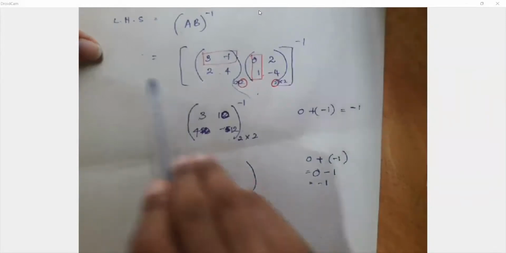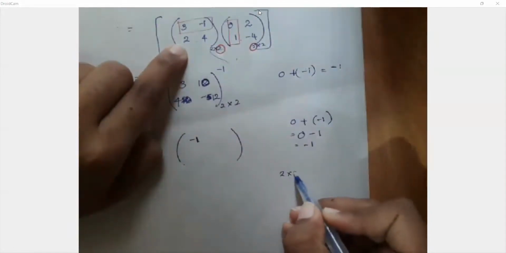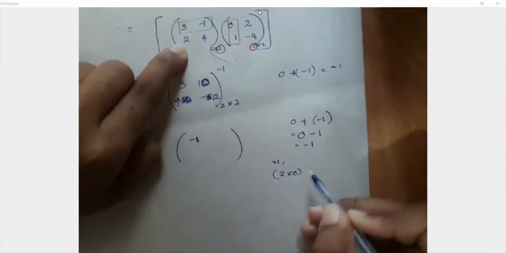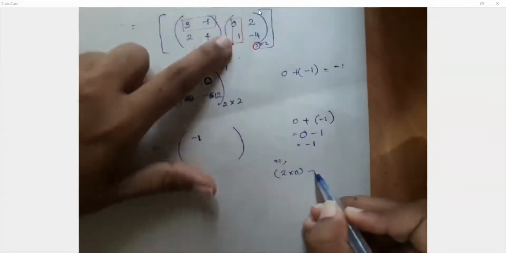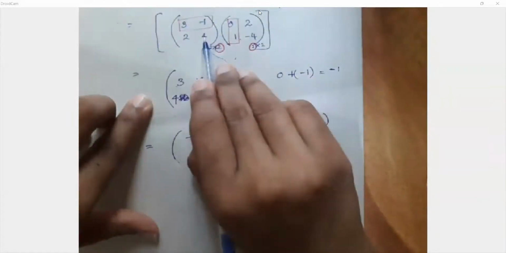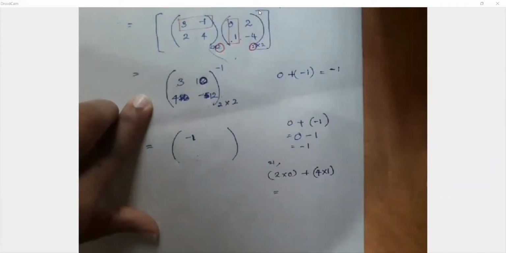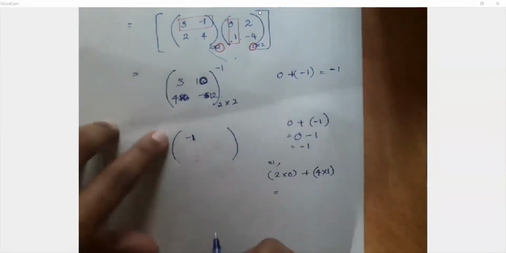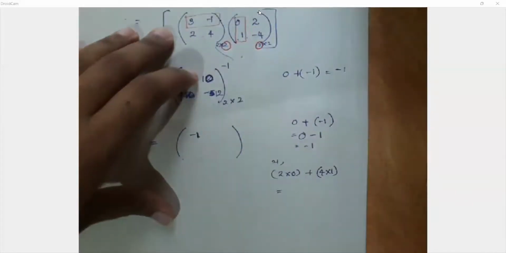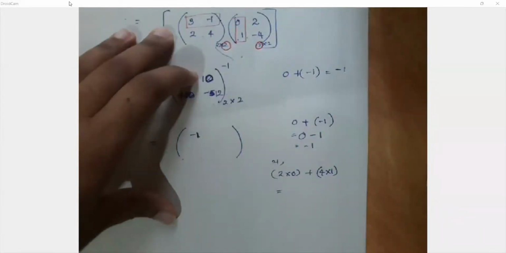Okay. Now I want this element, 2, 1. That means 2 into 0 plus 4 into 1. If I'm wrong, let me know. Tell me if I'm wrong, unmute your mics and talk with me.